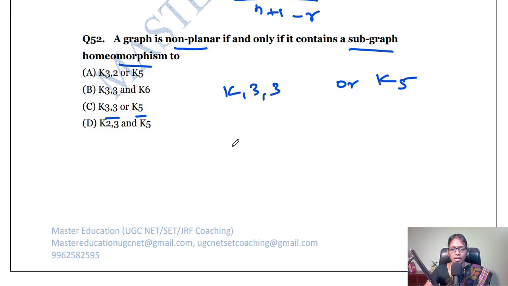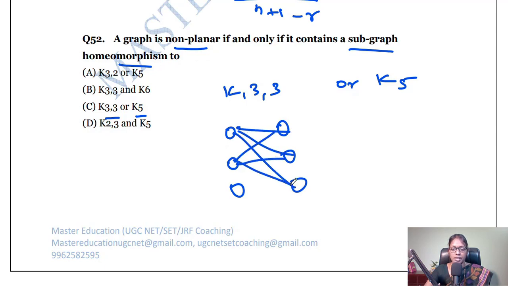K3,3 means three vertices on each side, and it is bipartite. If connected like this, it will surely be a non-planar graph, because we are not able to draw it without intersecting the edges. If you can draw without intersecting the edges, then it is called a planar graph.